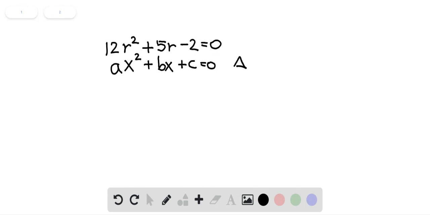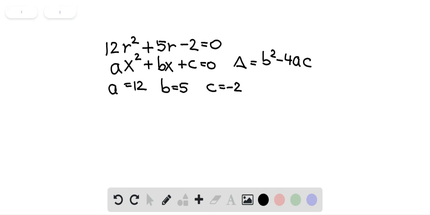And the formula for delta is b squared minus 4ac. In our case, a is 12, b is 5, c is negative 2.